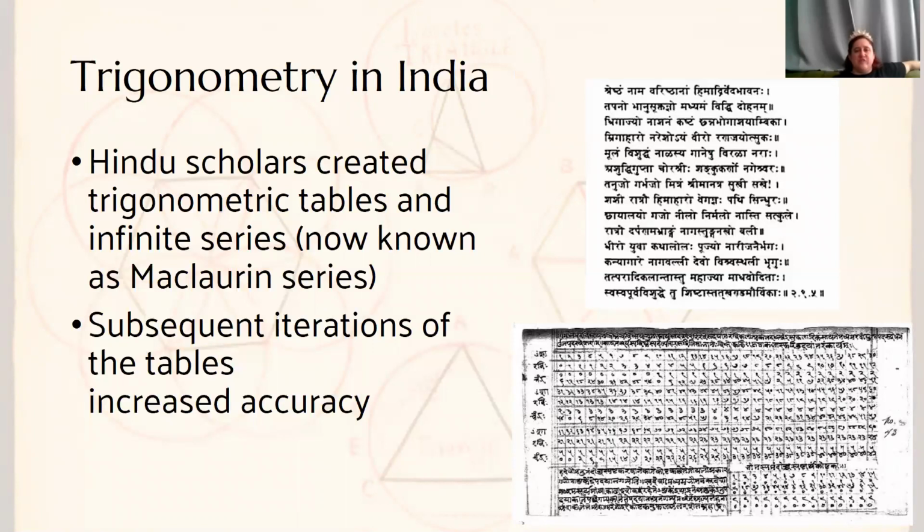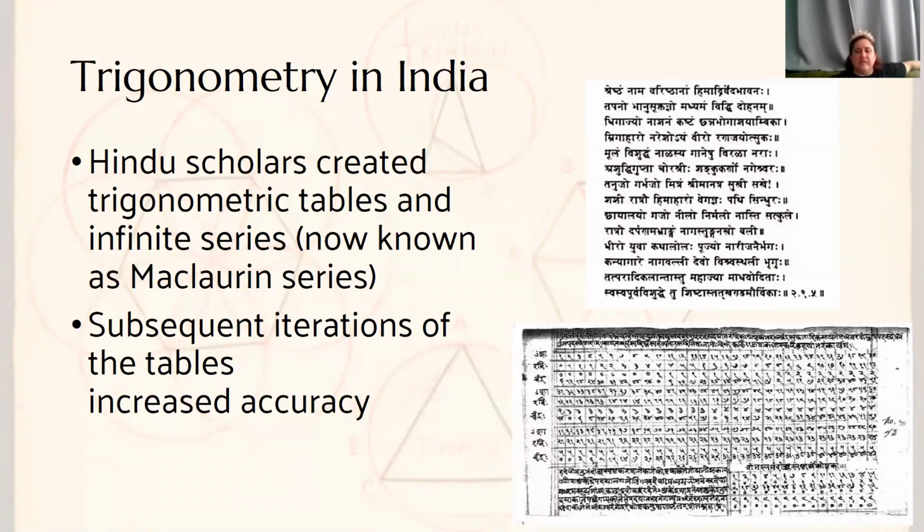So they created these trig tables, and they also invented infinite series of the type that we now call Maclaurin series, because I think there's a rule somewhere that everything in mathematics has to be named after a dead white guy, not the person who actually invented it. But yeah, they were able to use infinite series to expand some of these trig functions and get really accurate tables.